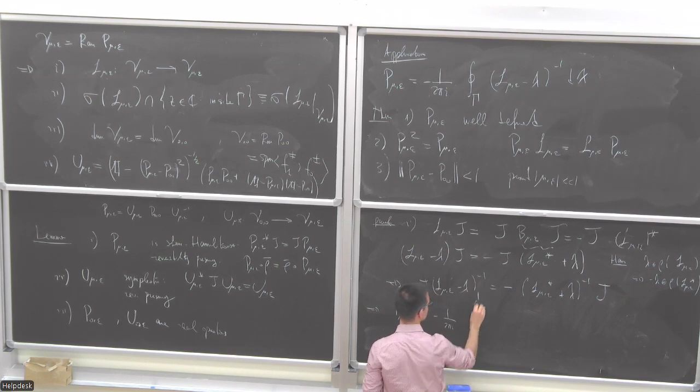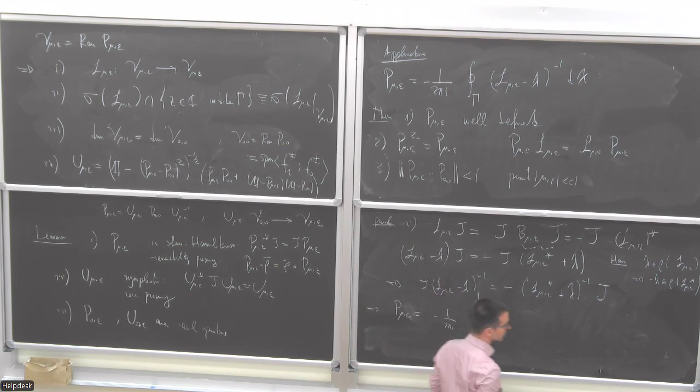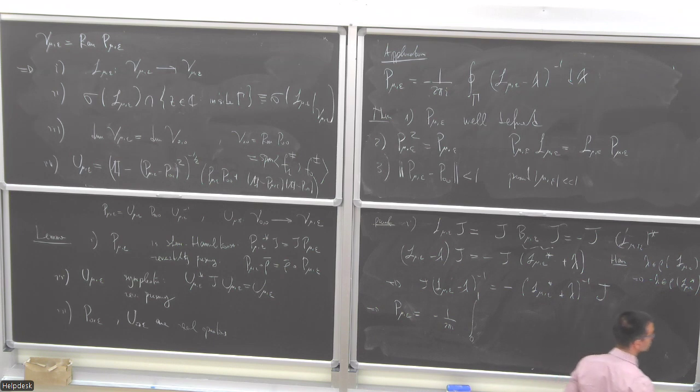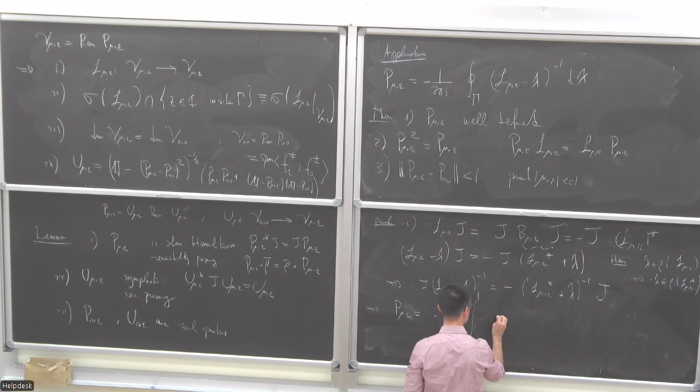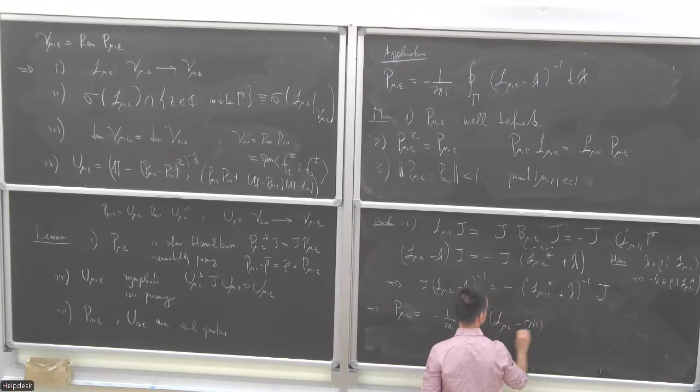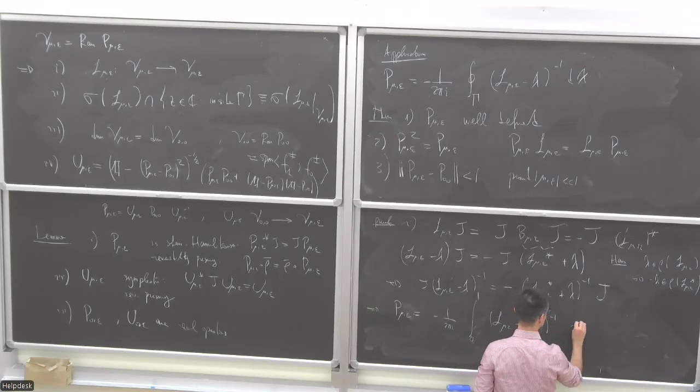It means that I'm integrating by definition along, so I choose a parametrization gamma t along the curve gamma. And so this is L mu epsilon minus gamma t to the minus 1 gamma dot p dt.